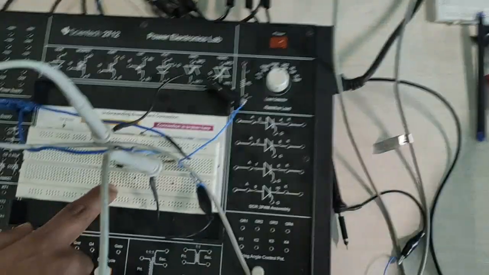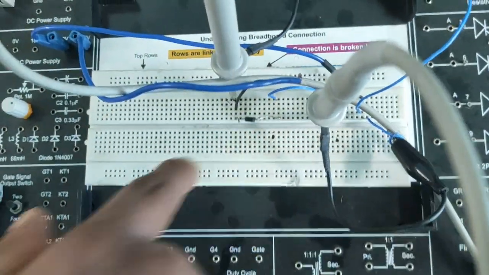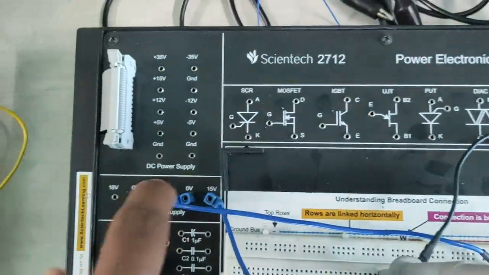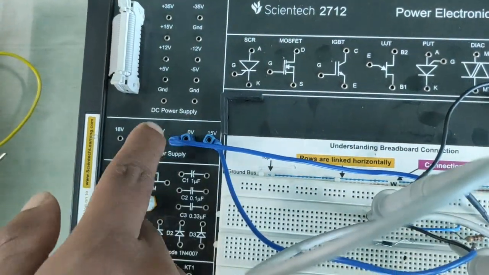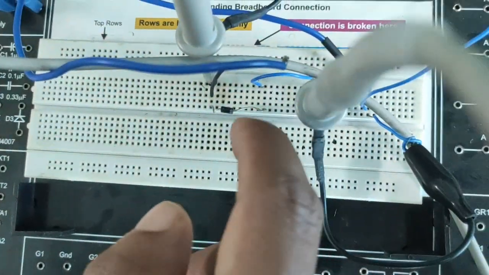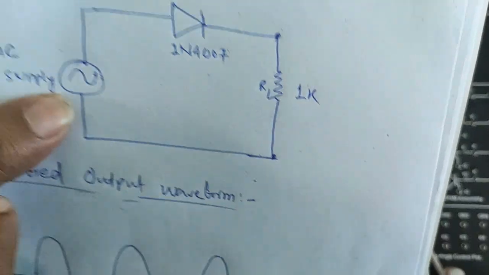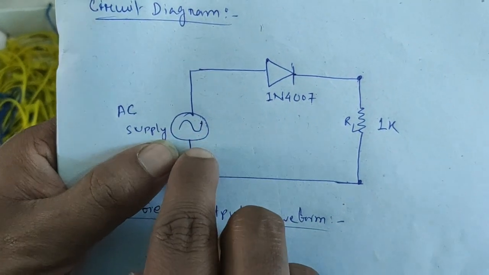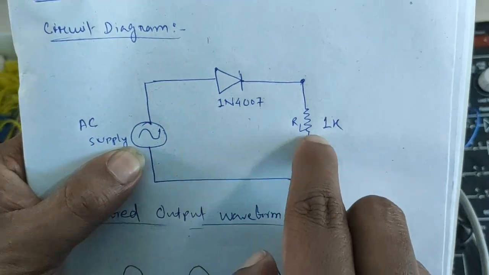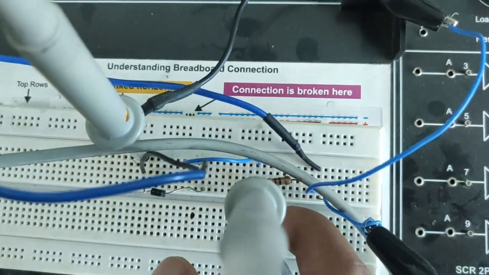So this is the circuit, this is the diode. Here I have taken 15 volt, and 0 is connected to one terminal of the load resistance.